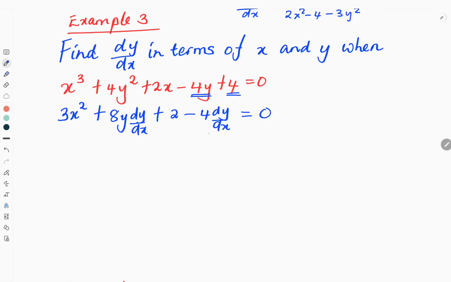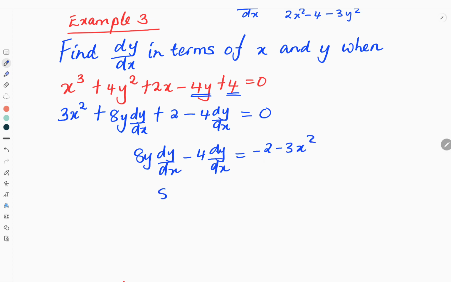Then we leave everything that has got a dy/dx on the left-hand side because we want to make dy/dx the subject. Then we have 8y dy/dx minus 4 dy/dx is equal to negative 2 minus 3x squared.